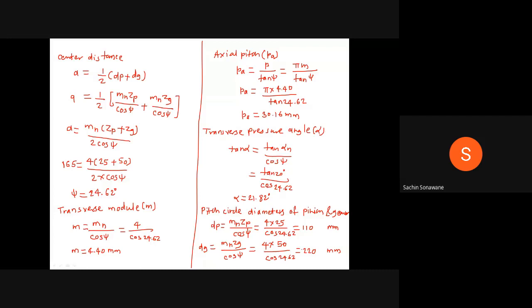Now we will calculate the addendum circle diameter and dedendum circle diameter of the pinion.